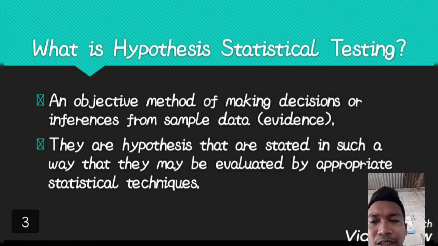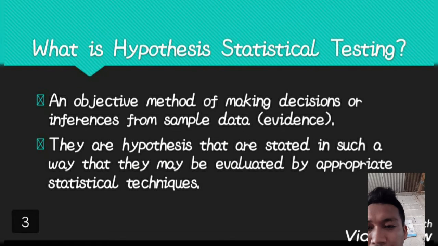What is hypothesis statistical testing? An objective method of making decisions or inferences from sample data, evidence. Thus, there are hypotheses that are stated in such a way that they may be evaluated by appropriate statistical techniques.